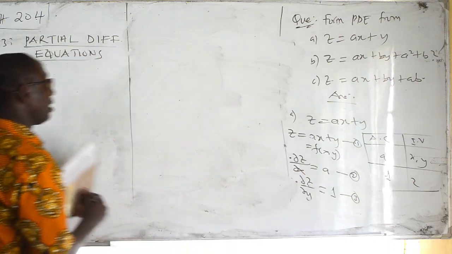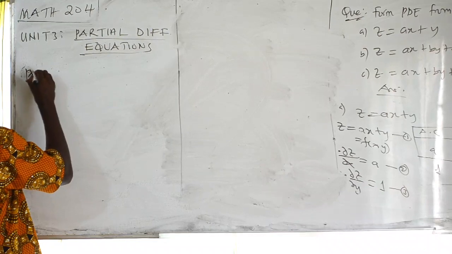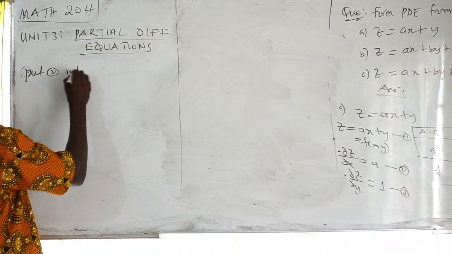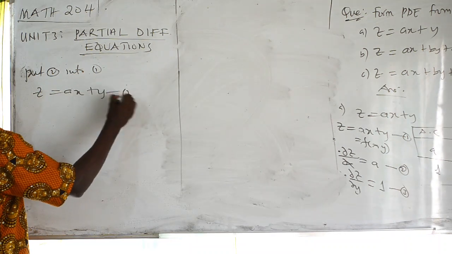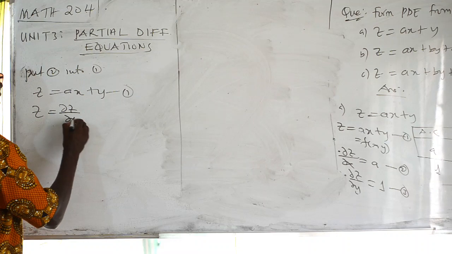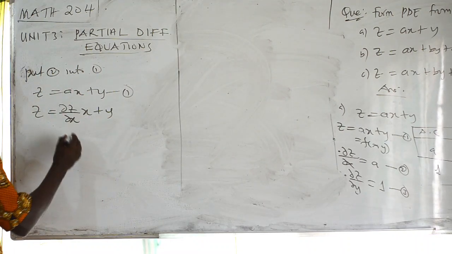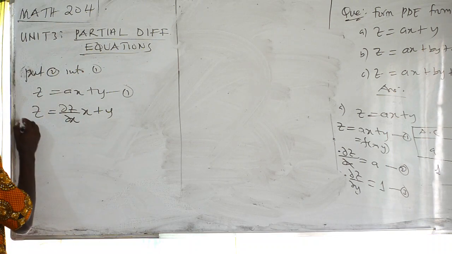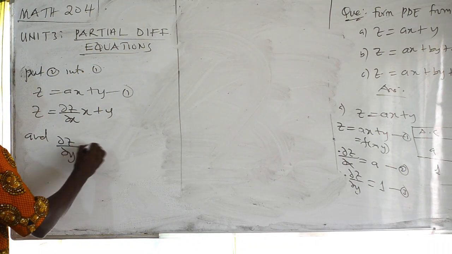So we put 2 into 1. So equation 1 becomes Z is equal to the partial Z over partial X, A is this, times X plus Y. And partial Z over partial Y is equal to 1.